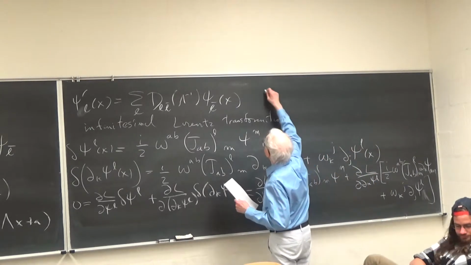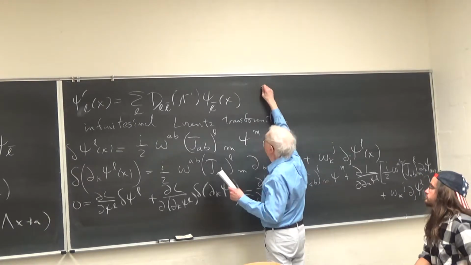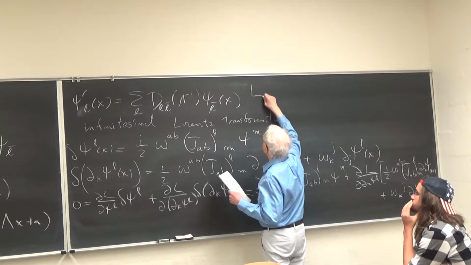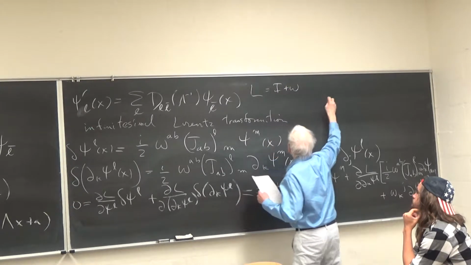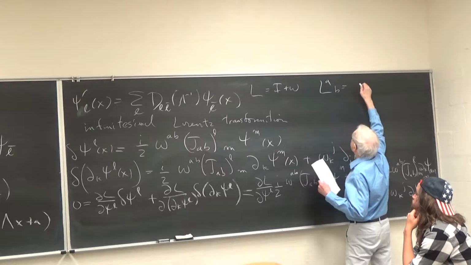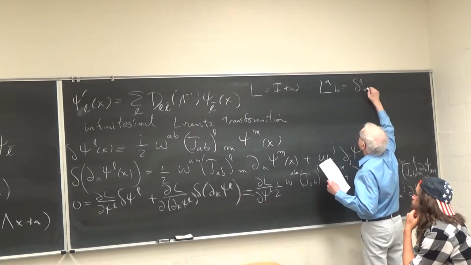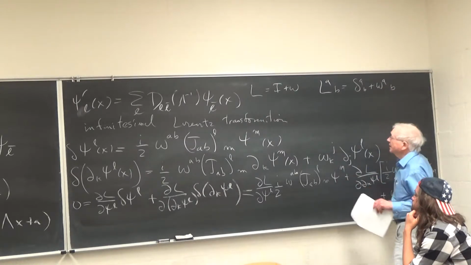We saw that if we were thinking of omega as a matrix, in other words, as L being I plus omega, and by that I meant delta AB plus omega AB.